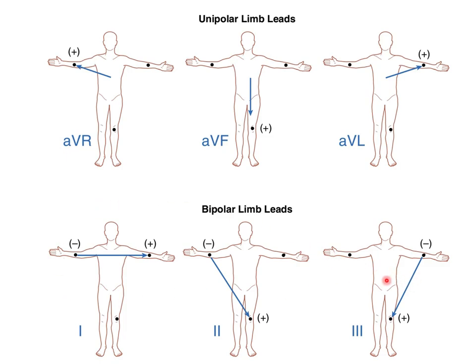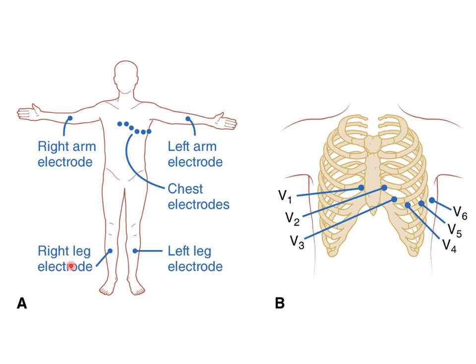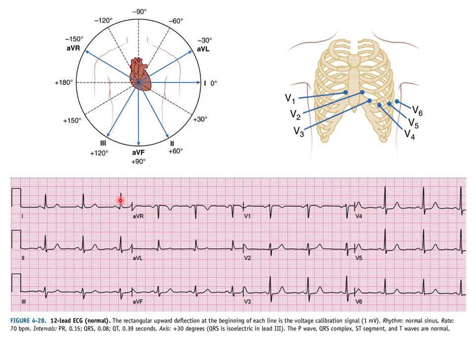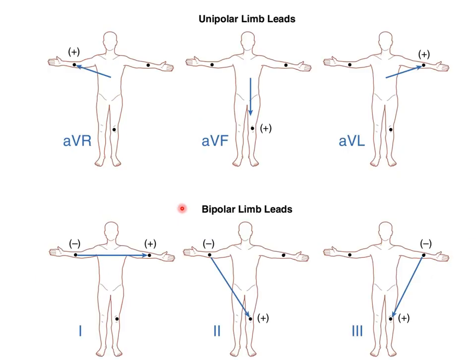The basic voltages that are measured and plotted out on an ECG are shown here. These are the bipolar limb leads. Lead 1, it's labeled lead 1 on the ECG, as we'll see. This is a classic ECG here, and the leads are labeled. There's 12 of them when you're looking at ischemia.